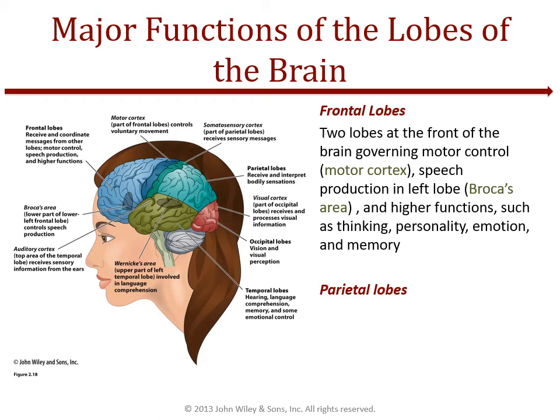However, some functions do overlap, just like I mentioned earlier, there's an overlap of responsibility within the lobes as well. So just to repeat, the larger frontal lobes coordinate messages, and as the executor, they receive and send messages to the other 3 lobes.